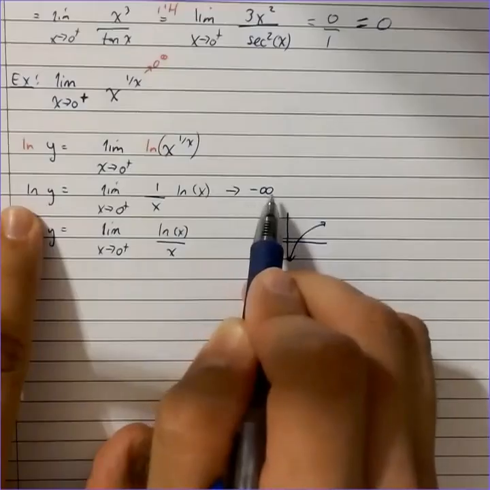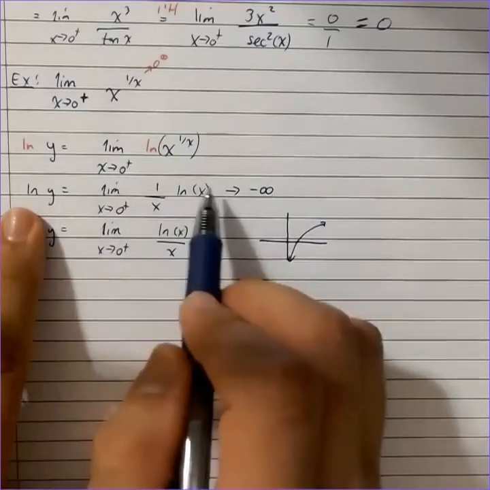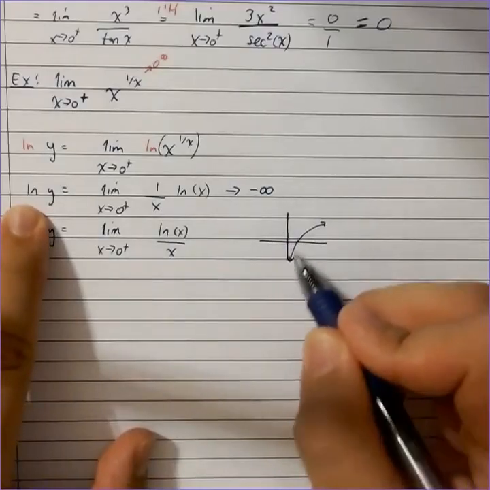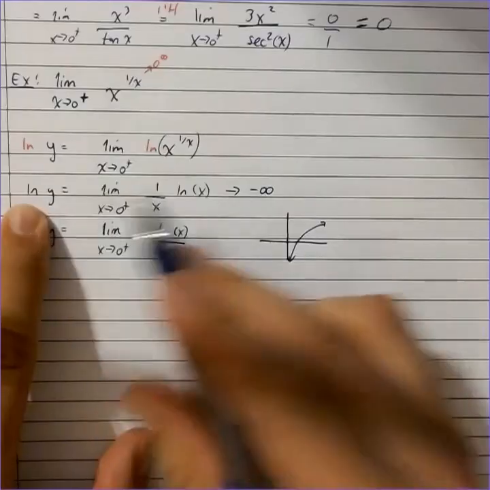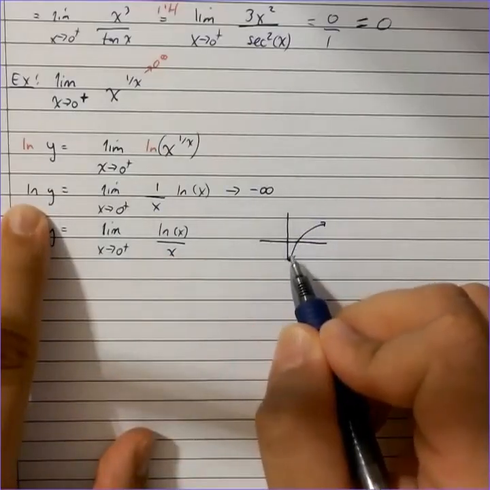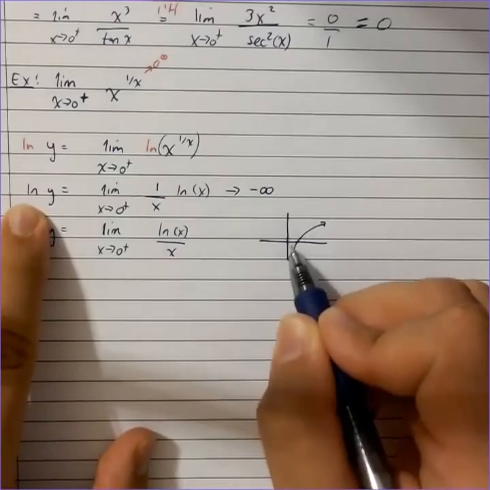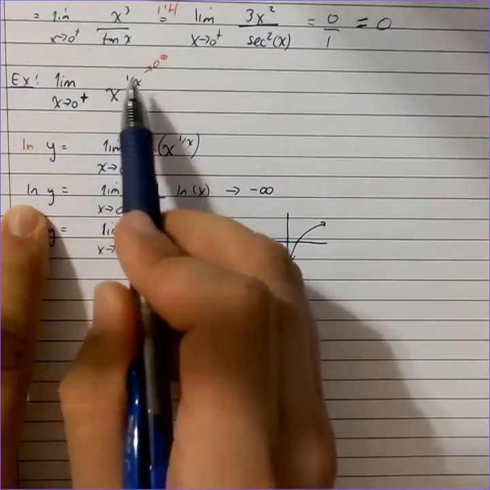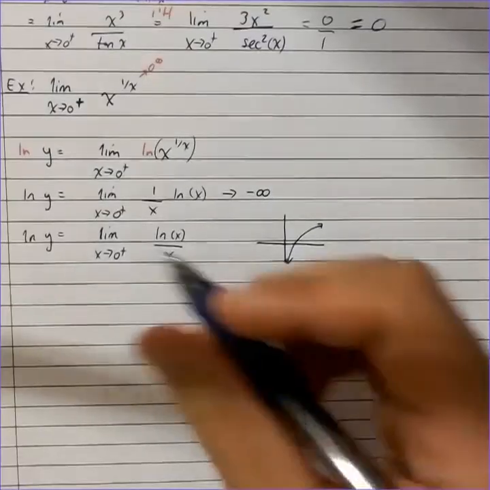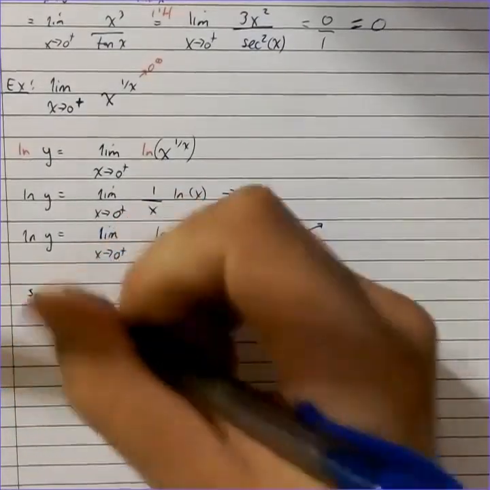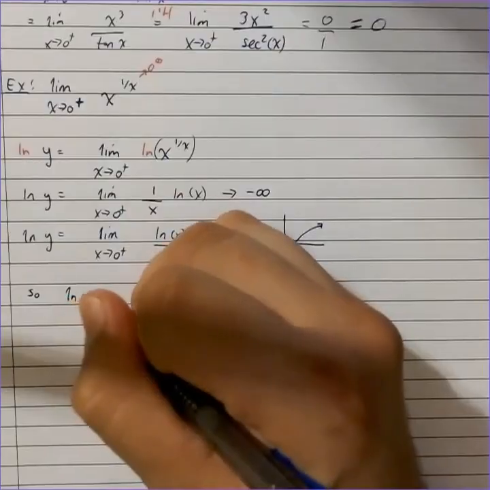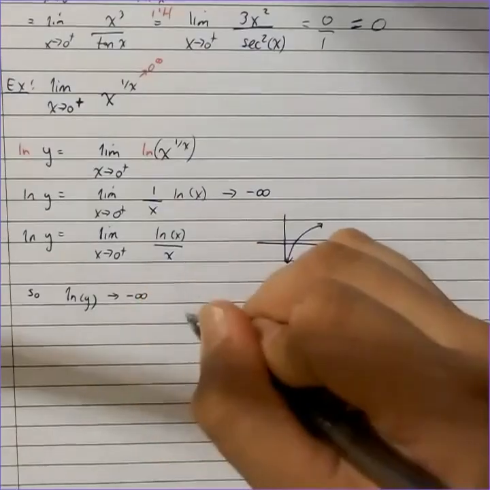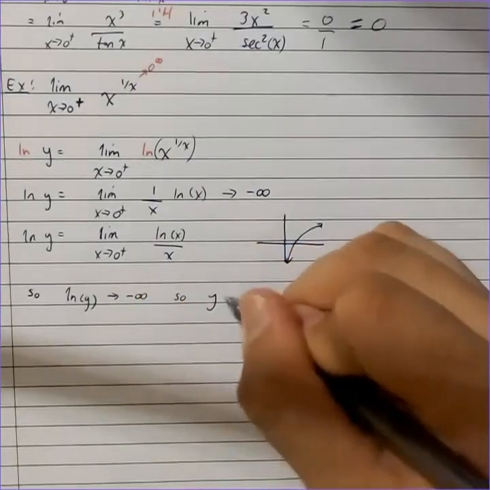This approaches negative infinity. Okay, so the natural log of y approaches negative infinity. Remember, here's the graph of the natural log. It approaches negative infinity as you go to 0. So that means y is going toward 0.